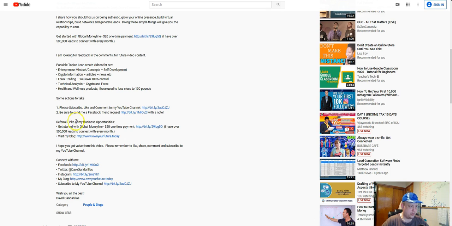The levels will allow you to send out messages to multiples. At the $20 level, you're allowed to send out 20 at a time. At the 50, the 100, you can send out 50 at a time, 100 at a time, 500 at a time, 1,000 at a time. So depending on how high you want to go and how many people you want to send messages out to with a single click, you could decide how much you want to upgrade.